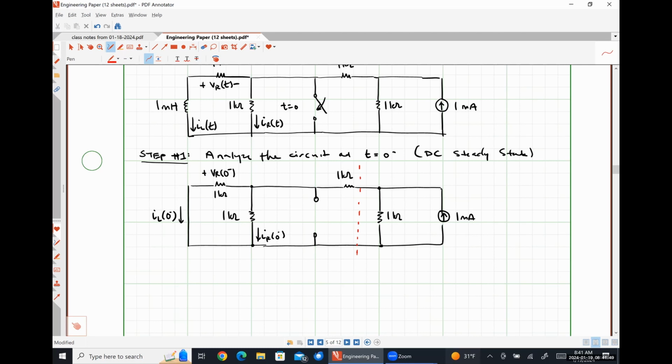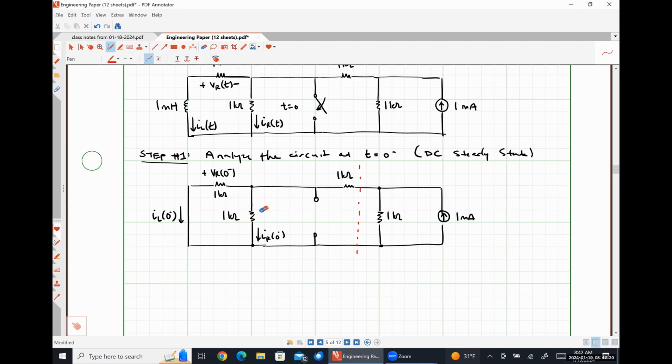Then we have a 1 milliamp source in parallel with a 1 kilo ohm resistor in parallel with that equivalent resistance. So we can use current division to find the current that's flowing into that equivalent resistance. And then from there, we could do current division again to figure out how much splits off and flows through this 1 kilo ohm resistor and this 1 kilo ohm resistor, which is very easy. It's just going to be half of whatever we got from our original current division. So that seems like a pretty reasonable approach.